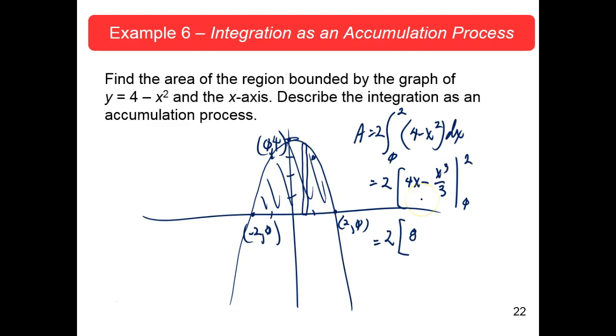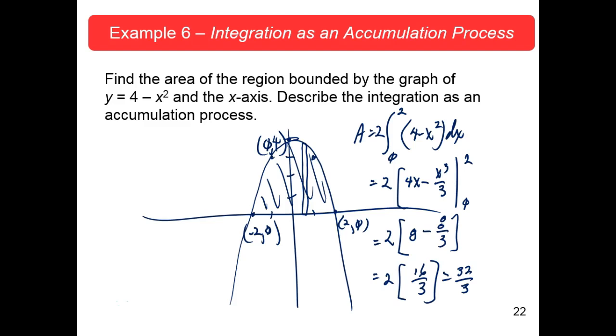Just 8. 2 times 4 minus 8 over 3, which you could say is 2 times 24 over 3 minus 8 over 3, right? And 24 minus 8 is 16 thirds. So this will be 32 thirds. So just a little over 10. 32 thirds.